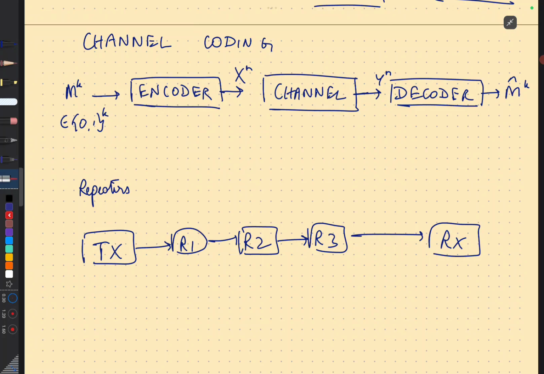right? So, in principle, what you could do is, if you keep too many repeaters in between, even though there is some noise introduced at each of these links, you could get rid of that noise. Right? Conceptually, it would be very expensive to do so, that's a different story. But in principle, you could transmit a clean signal from the transmitter to the receiver by introducing a huge number of repeaters.